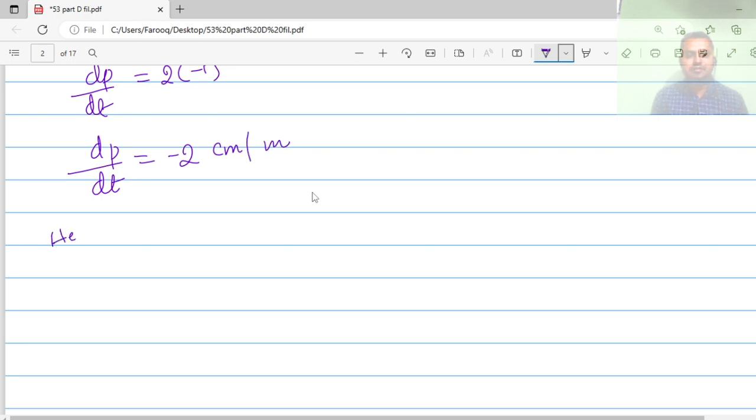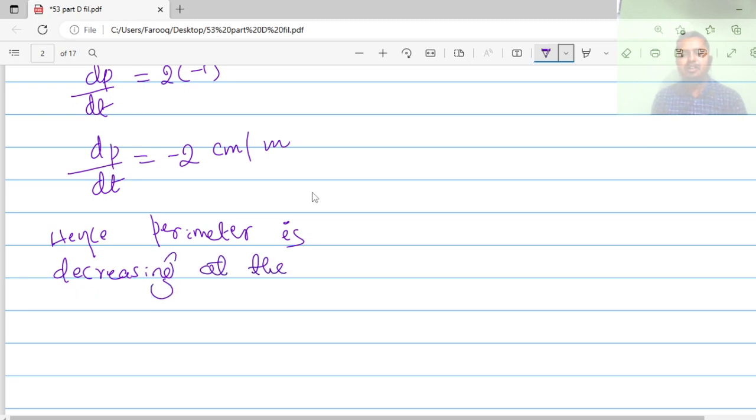Hence the perimeter of the rectangle is decreasing at the rate of 2 centimeter per minute.